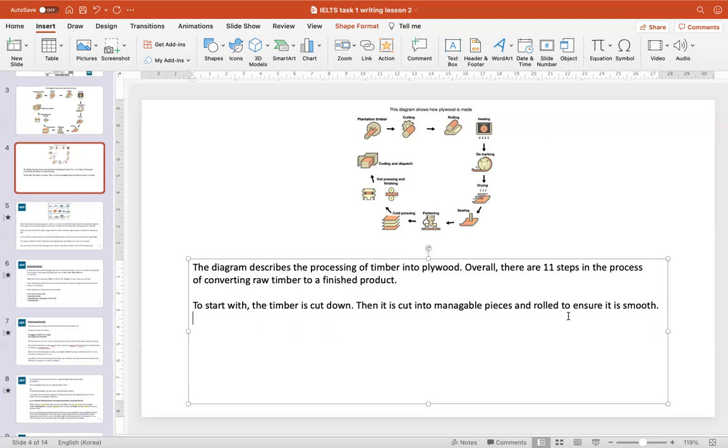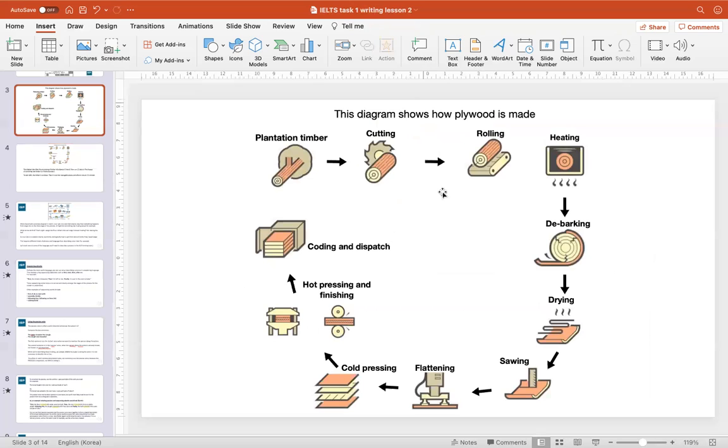Okay. Then we need to think, we have 11 steps. So what we've done is combined 3 steps, right? Yes. So which other steps are we going to combine? Plantation, timber cutting and rolling. Okay, so we've done that one, that was our first one. From the other ones, which ones should we combine, do you think?